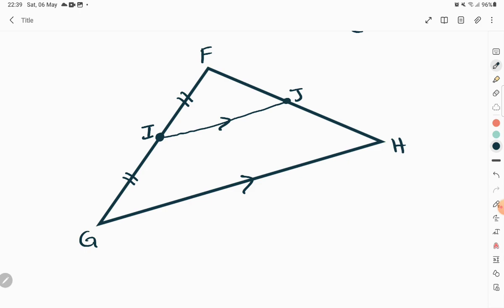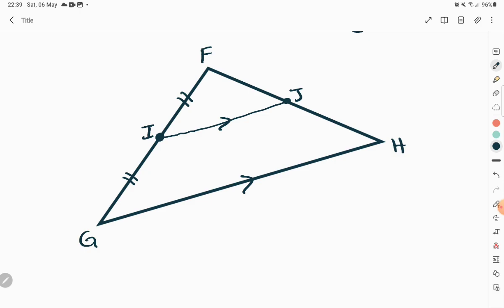But now this is going to be the converse of the theorem that says a line drawn from the midpoint of one side of a triangle parallel to the second side is going to be bisecting the third side. So this side is also being bisected, but it is just not shown.